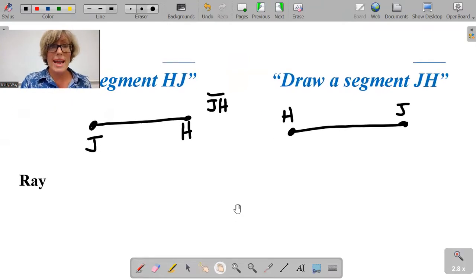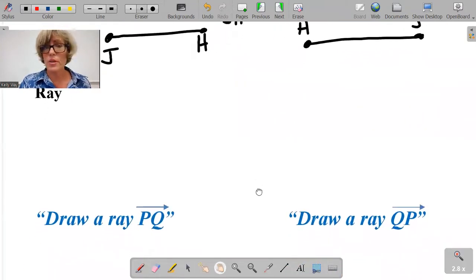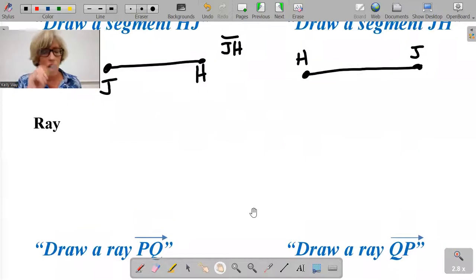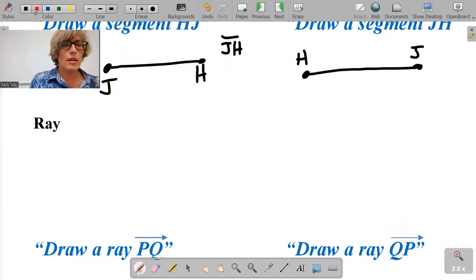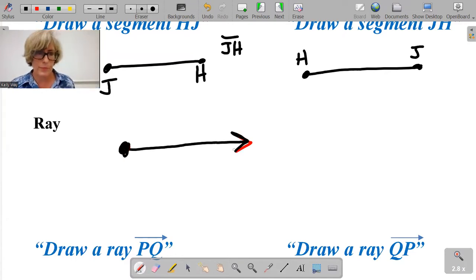A ray, careful. It's not the same both directions. A ray is where you take a line, but it only goes one direction. So you have an endpoint and an infinity arrow. That's a ray.